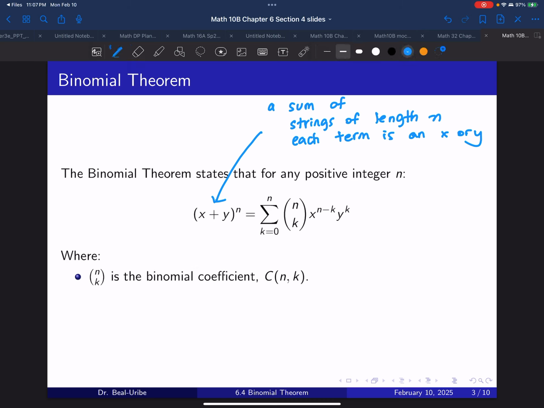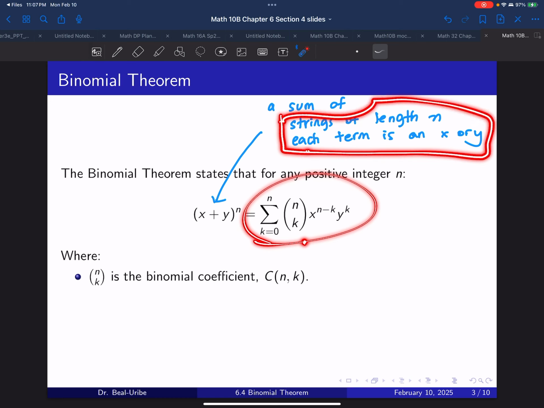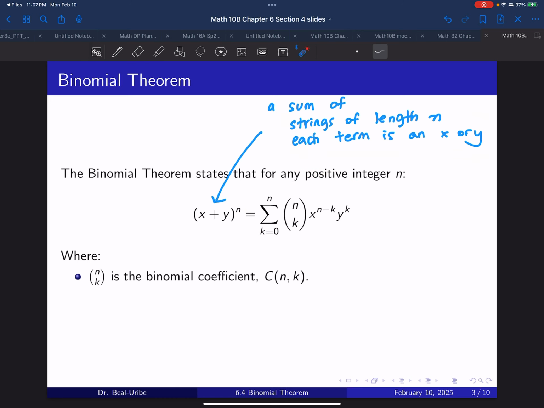And then the right-hand side is basically saying count in an organized manner the number of ways to have strings of length n, right? So if you have a string of length n, you have some number of y's, and the rest of them have to be x's. And we can count based on the number of y's in our string. And now we're saying, how many strings will you have with exactly k y's?